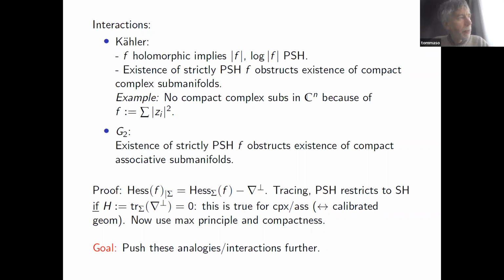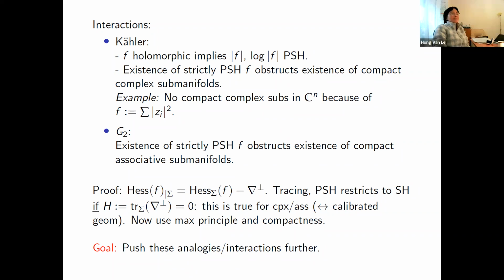Again, yeah. But that's an important point, because what Harvey and Lawson have given us is what seems to be a very powerful tool, but it has not been applied in geometry yet, and it has not been studied very much in examples.